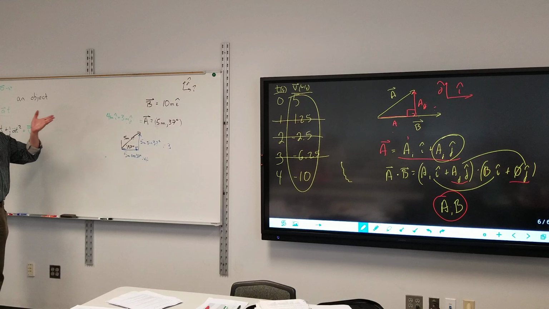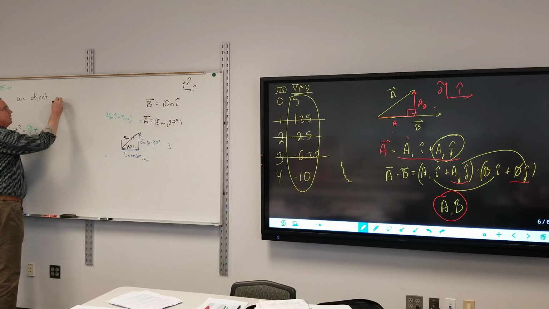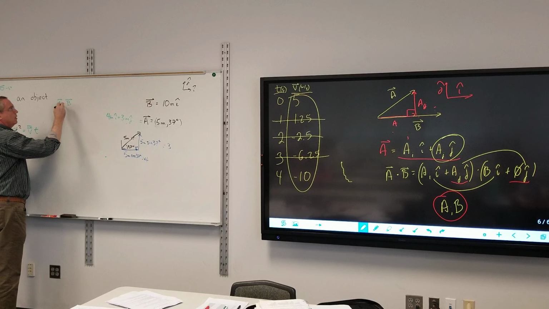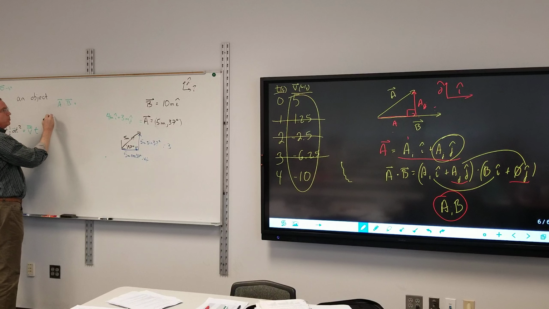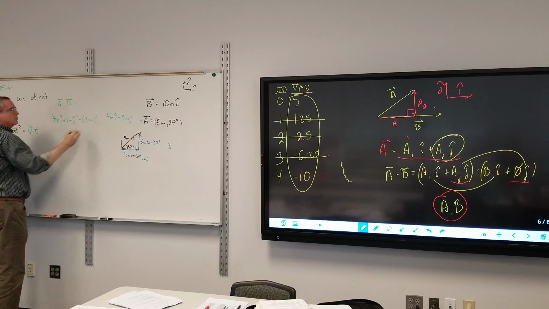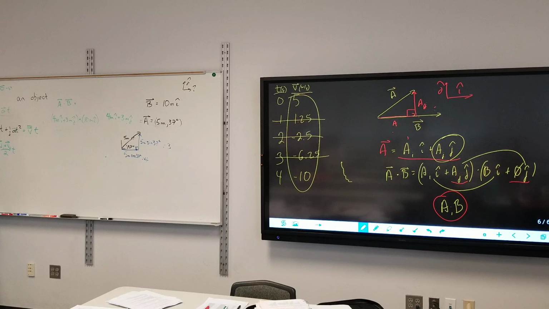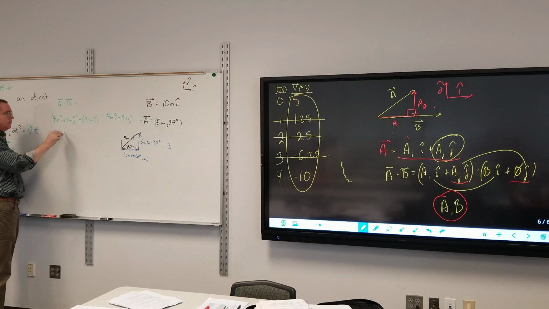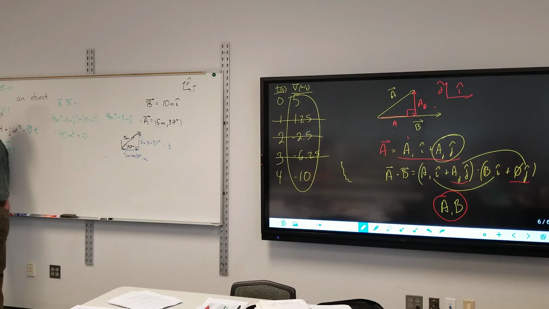So my dot product, if I'm doing A dot B, is going to be 4 meters I hat plus 3 meters j hat dot 10 meters I hat. I multiply like components, I multiply the I hats together, so I get 40 meters squared plus 0.